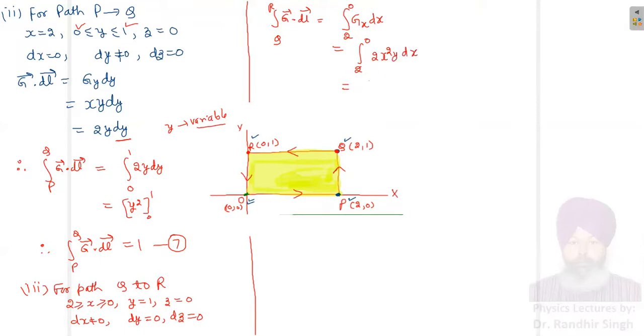It will become integration from 2 to 0, 2x square and 1 and dx, because for this path y is 1.